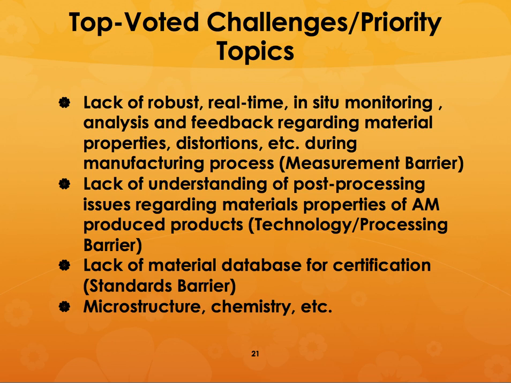So there is a barrier in measurement, but I think those challenges are slowly being met, and there is also a lack of understanding of post-processing issues regarding what kind of properties you can get with respect to what kind of processing conditions you have used. So if you make a part, is there some way for you to put in there, these were the process conditions that were used for making this part?